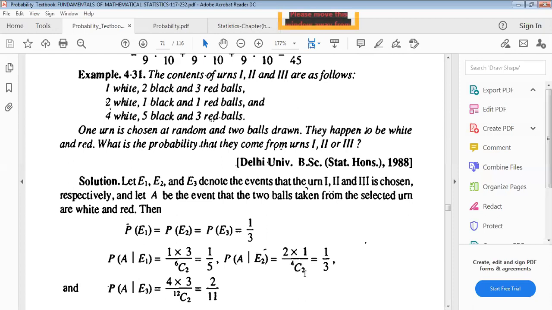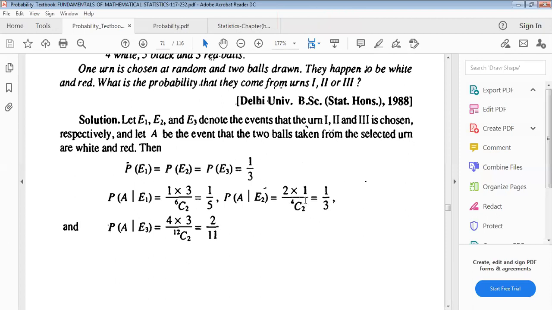So drawing 2 balls from 4 balls is 4C2. This equals 1 by 3. Just the combination formula. Now, probability of A means drawing 2 balls from the selected urn, which are white and red. Remember it.